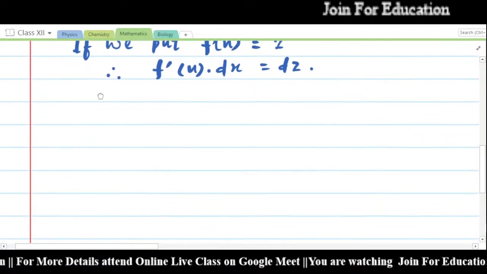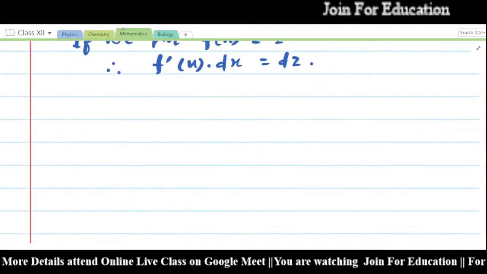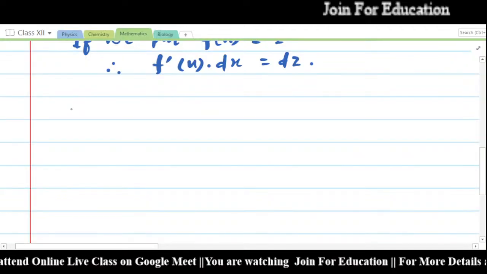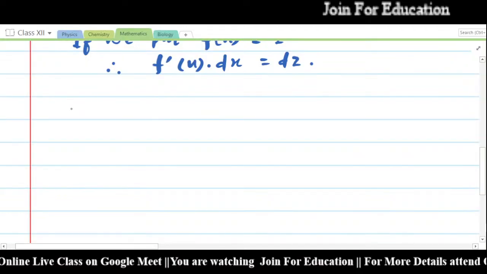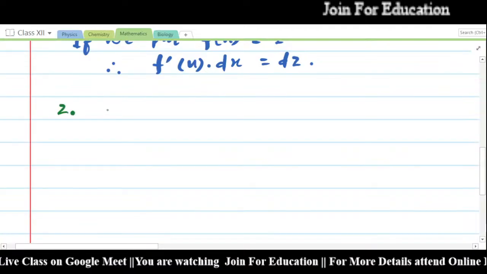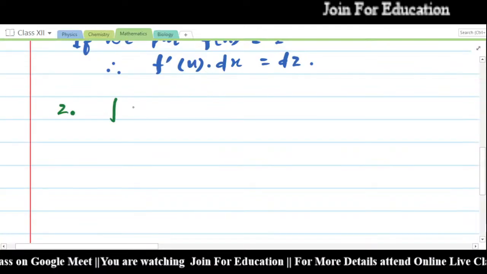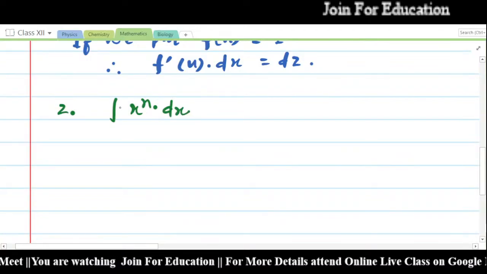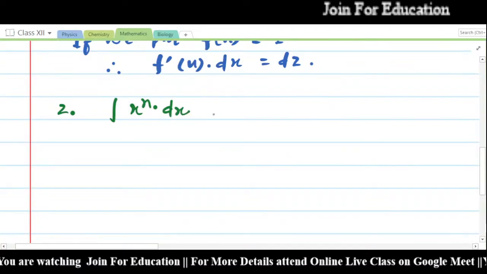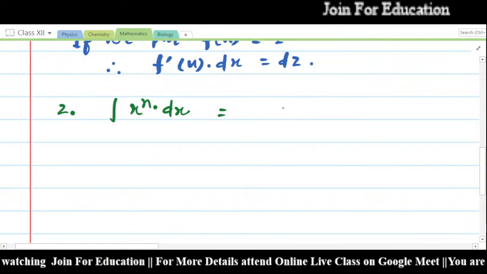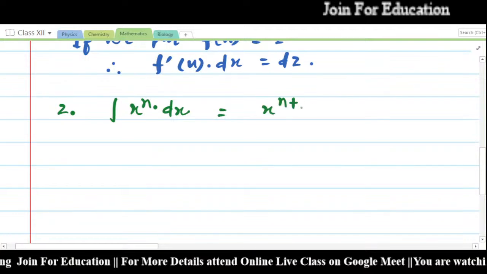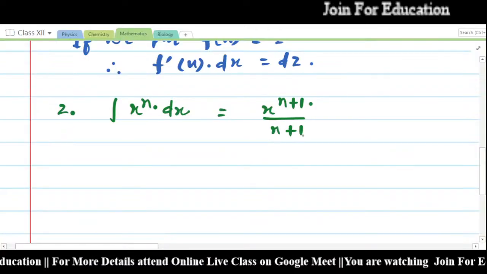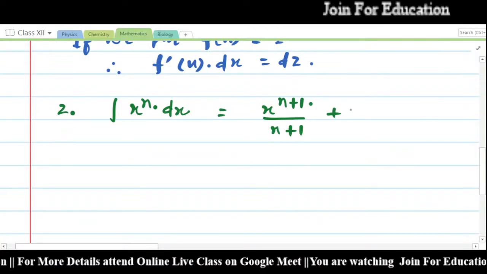The other general formula which is used during the solution of question number 6 to 10 is the integration of x to the power n into dx equal to x to the power n plus 1 by n plus 1 plus c.